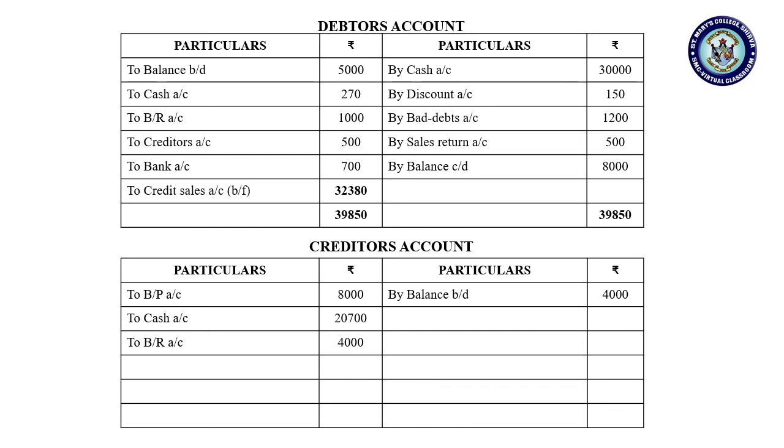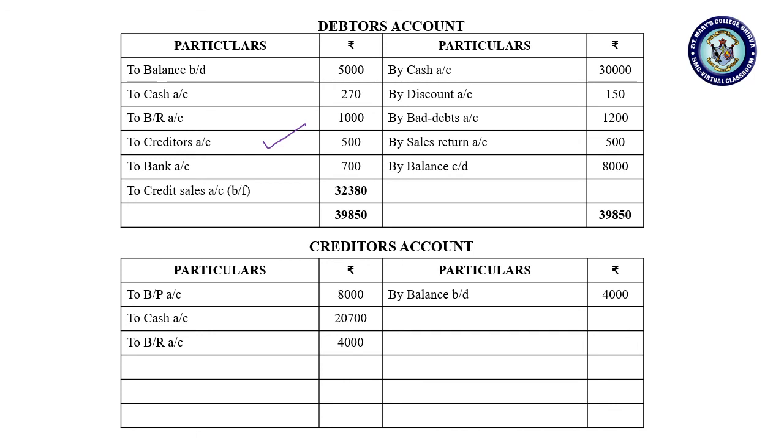Next, endorsed bill receivable dishonored. So the journal entry is debtors account debit to creditors. So you can see here it is to creditors account, right? So to creditor means this should be by, correct?